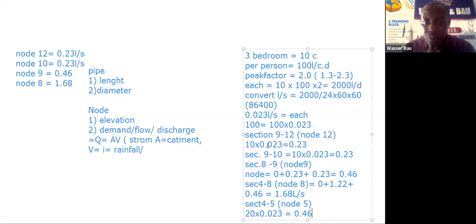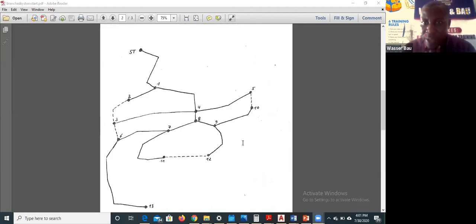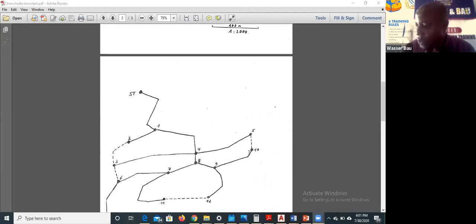So we are now on node 5. Node 5 is 0.46, that is 4 to 5 means 0.46.